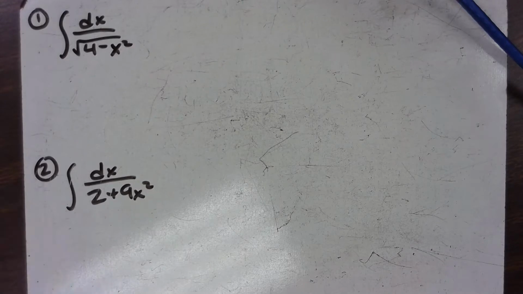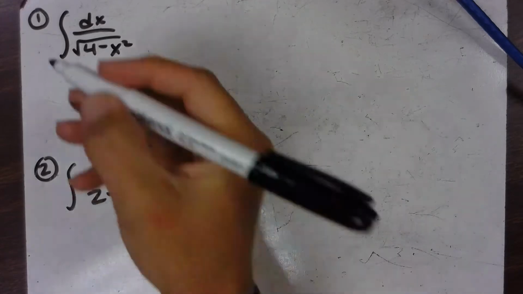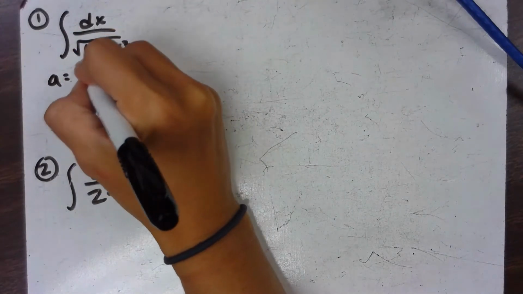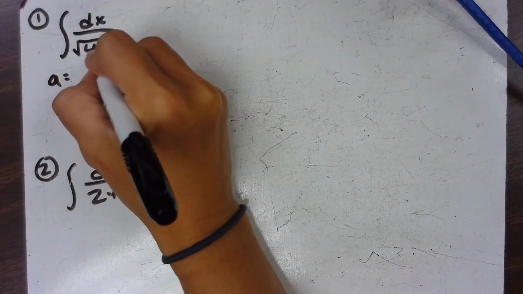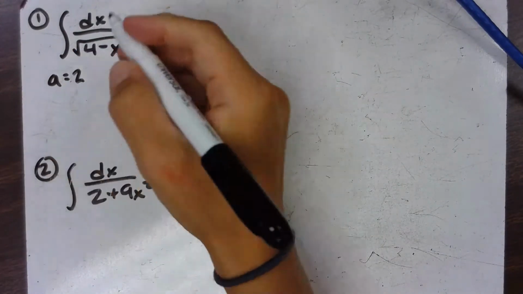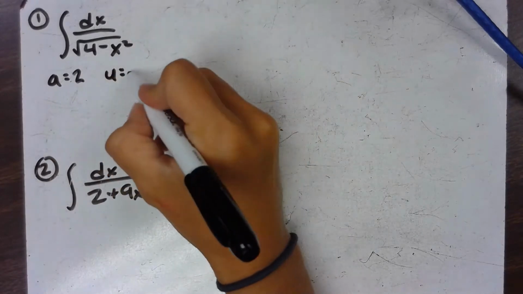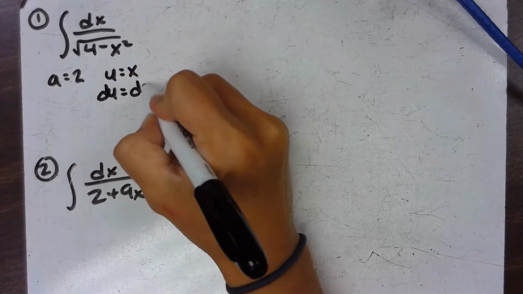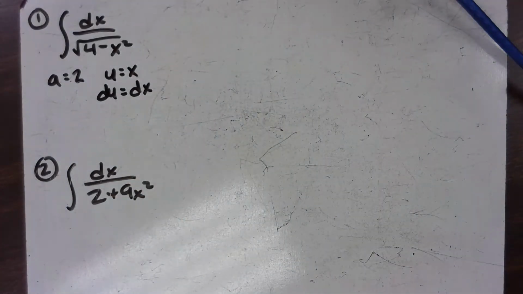When I started looking at this one, I think, okay, sine. Make sure you identify what your a is. a here would be, and think not 4, it's the square root, so that's going to be 2. And then u is x. Remember we have to take du/dx, the derivative of it.